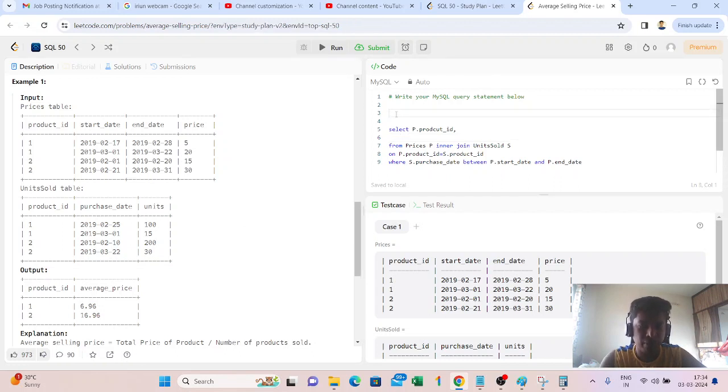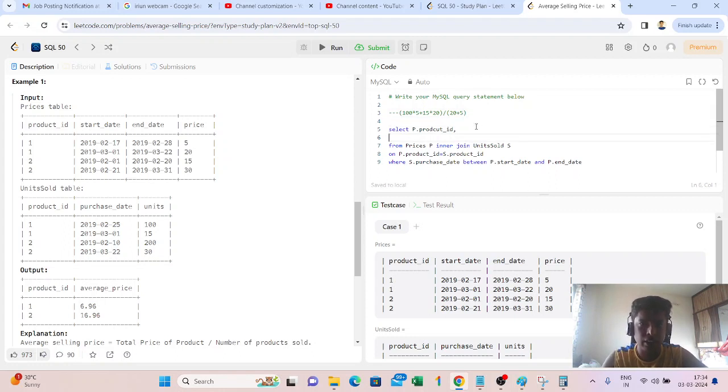So this is how the average is calculated. As a comment: 100 into 5 plus 15 into 20 divided by 20 plus 5. This is how we have to calculate the average.